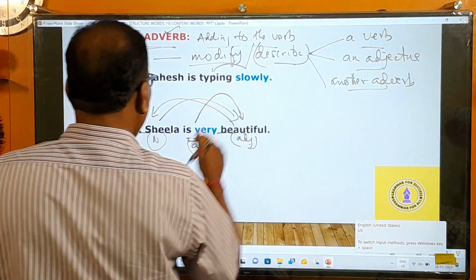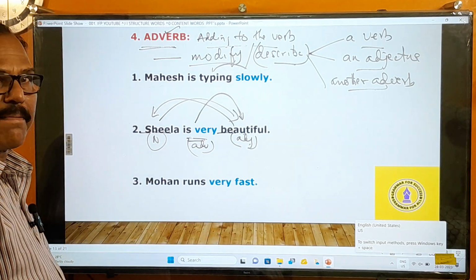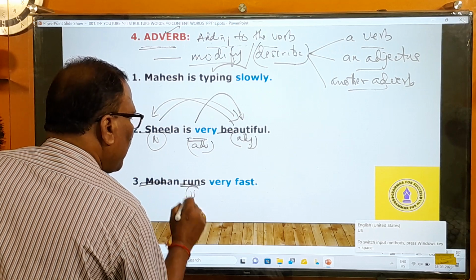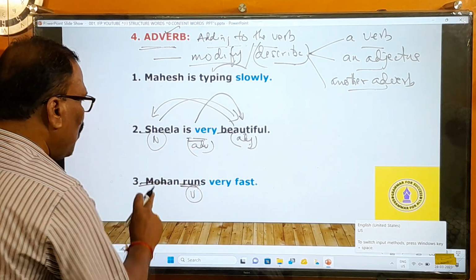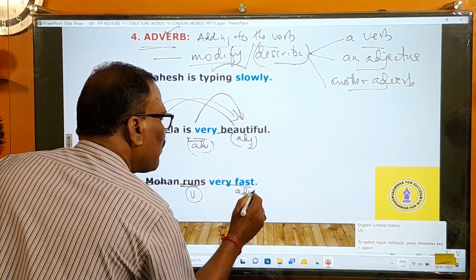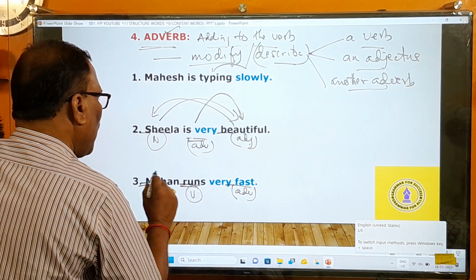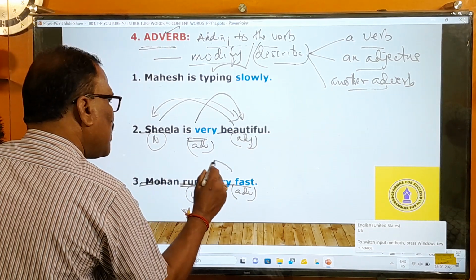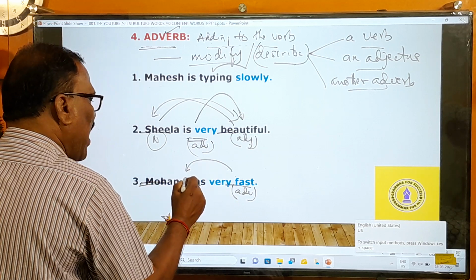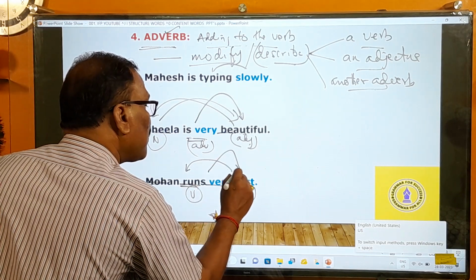And one more example I'll give you to make you understand. Mohan runs very fast. Here, what action is Mohan doing, sir? Running. So this is a verb, right? Mohan runs. How fast? This is an adverb. How is Mohan running? Fast. Fast is describing this action, that is running. And how fast? Very fast.